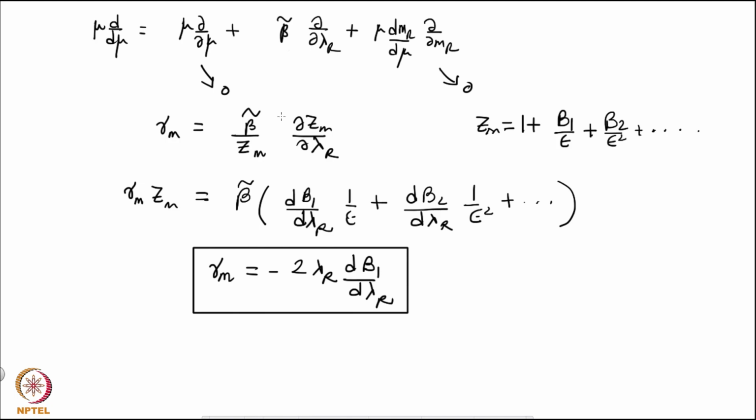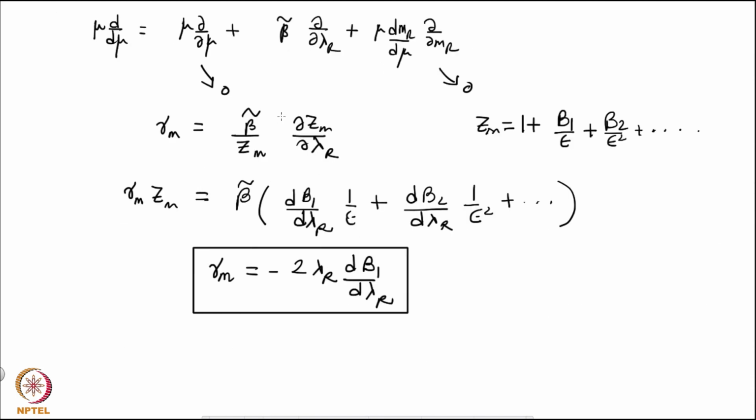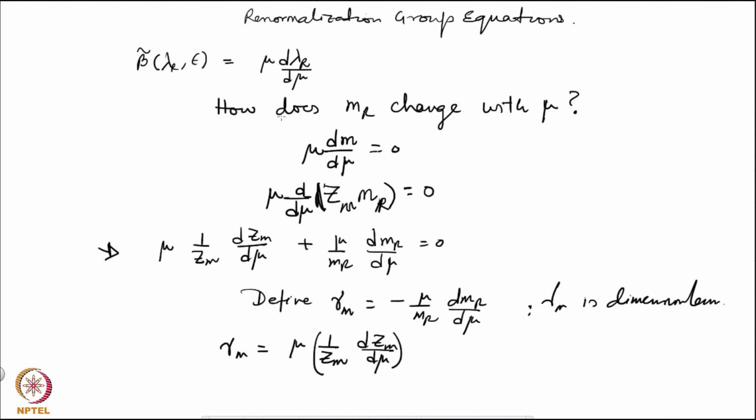And then we also looked at this gamma m, which controls the evolution of the mass parameter. Somewhere here I had written it, yeah, here. So gamma m is this object, which is just the derivative of m_r with respect to mu, with m_r factors here.